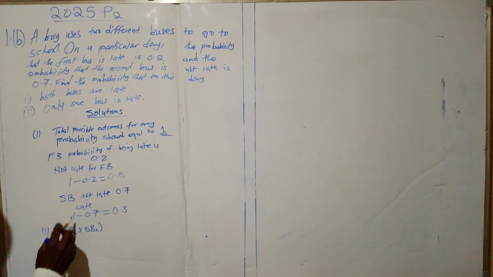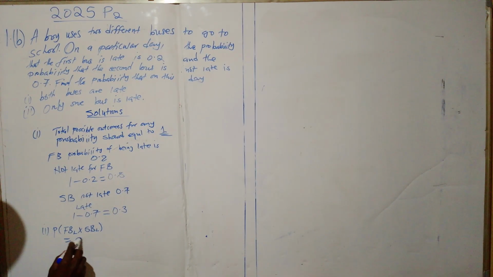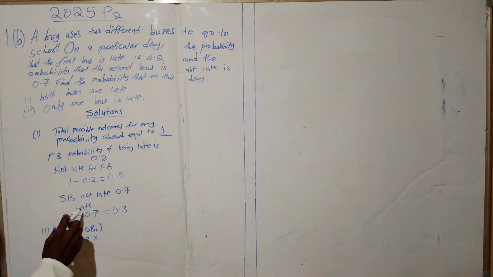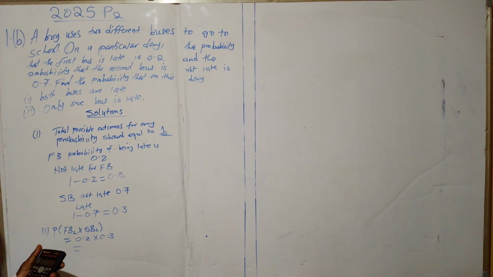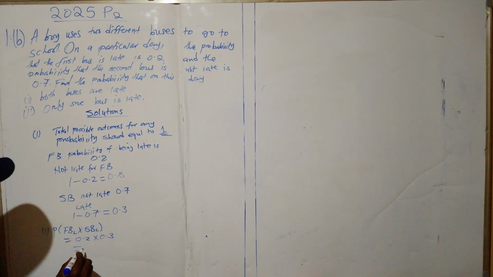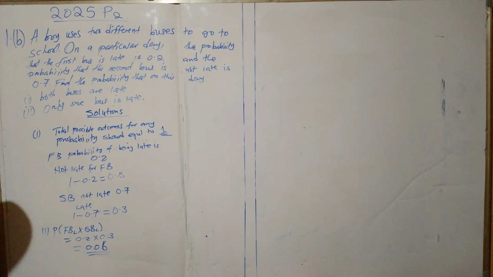The probability for the first bus being late is 0.2, times the probability for the second bus being late, 0.3. So 0.2 times 0.3 will give you 0.06. So that's the probability for both buses being late.